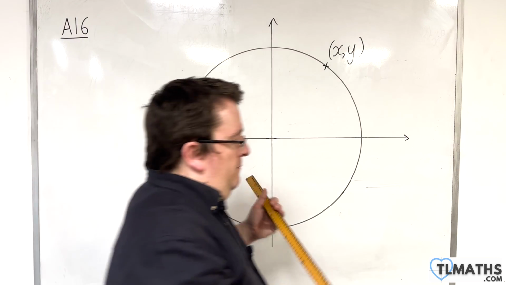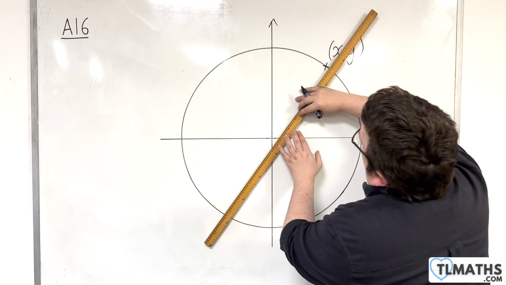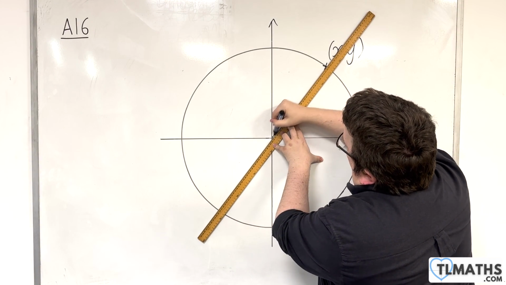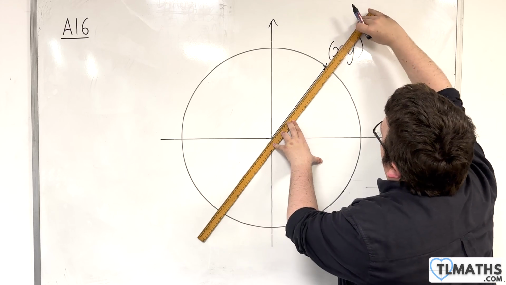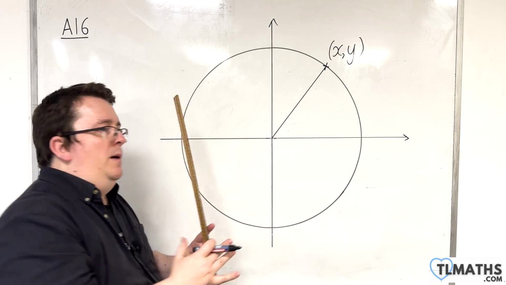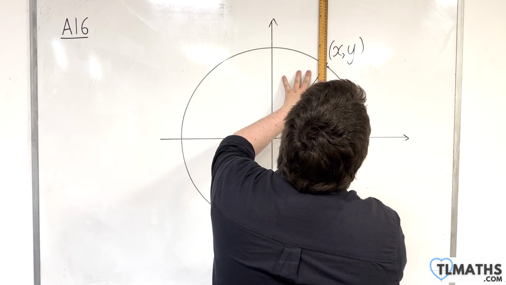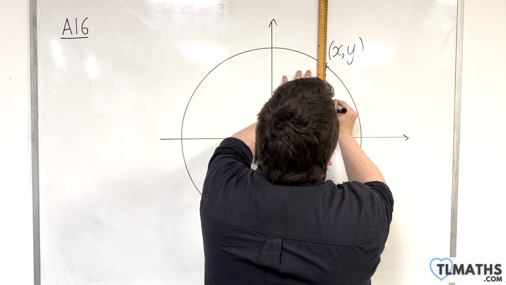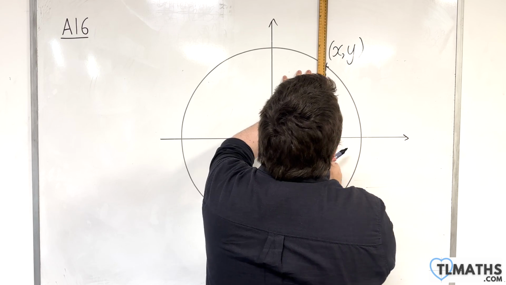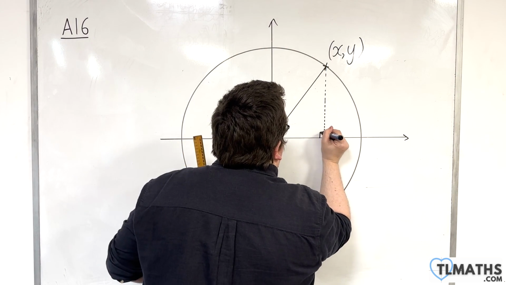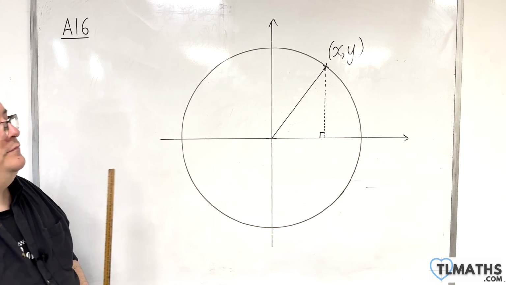What I can do is draw a radius from the centre at the origin to that point. And then I can drop a perpendicular, which means draw a vertical line down to the x-axis there. And that creates a right-angled triangle.